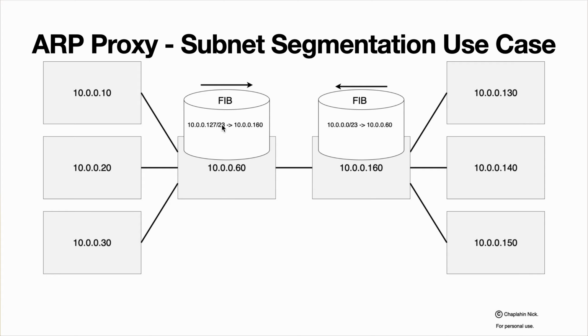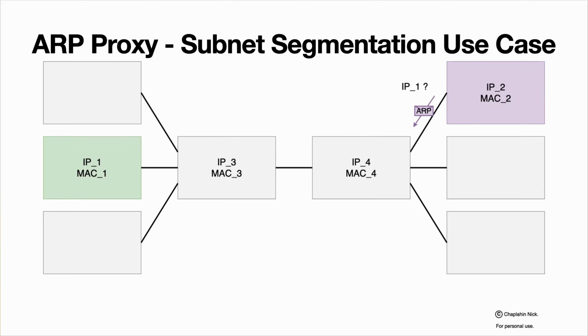This device knows exactly the route to that device, so the standard routing procedure happens, similar to what was described in the routing video. And this works in both ways. When a device in the other segment tries to find a device in the first segment, the ARP proxy device replies instead, saying, give everything to me. This information is added into the ARP table on the original device, and all traffic will be routed.